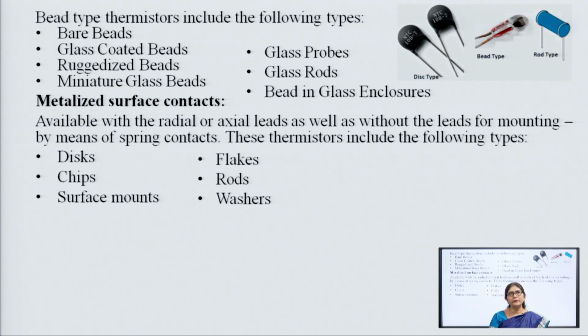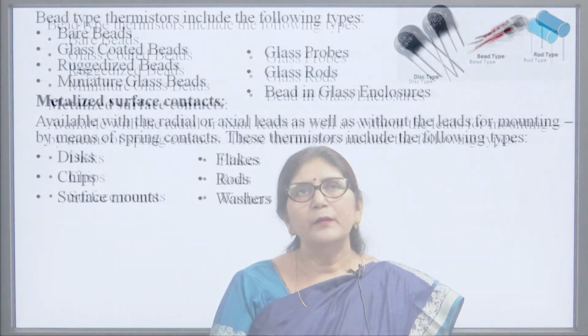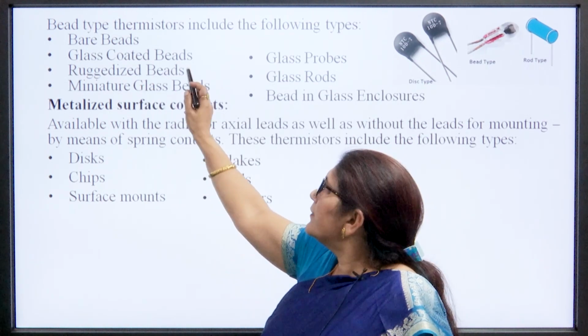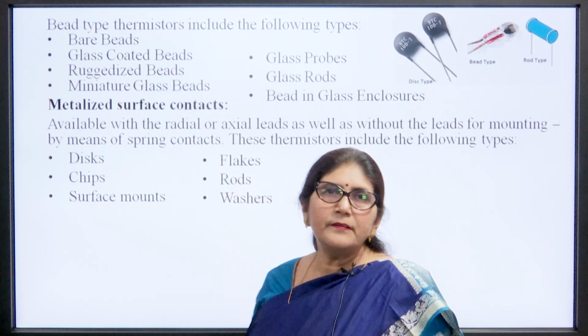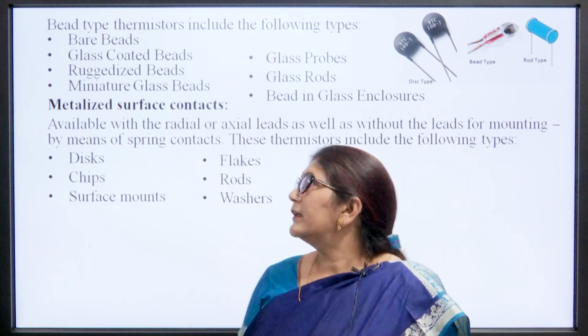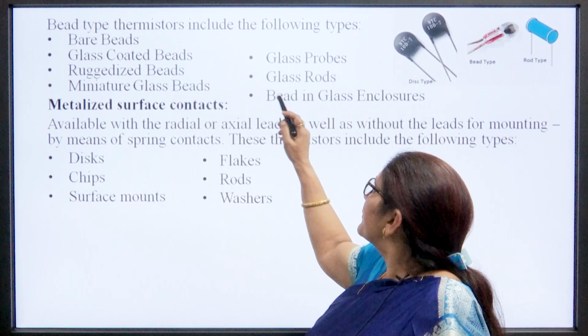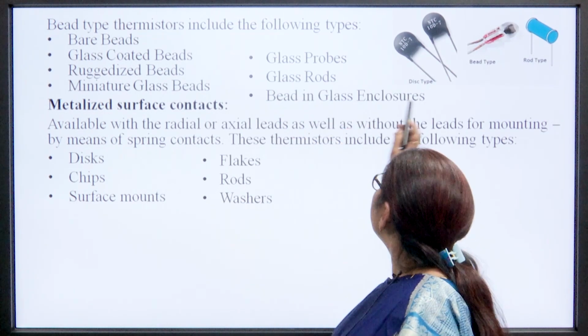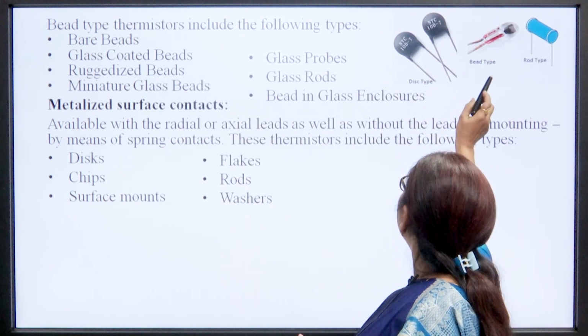Bead type thermistors include the following types: bare bead, glass coated bead, glass rugged bead, miniature glass bead, glass probe, glass rod, and bead in glass enclosed. So, we can see here that it is this type, bead type, rod type.